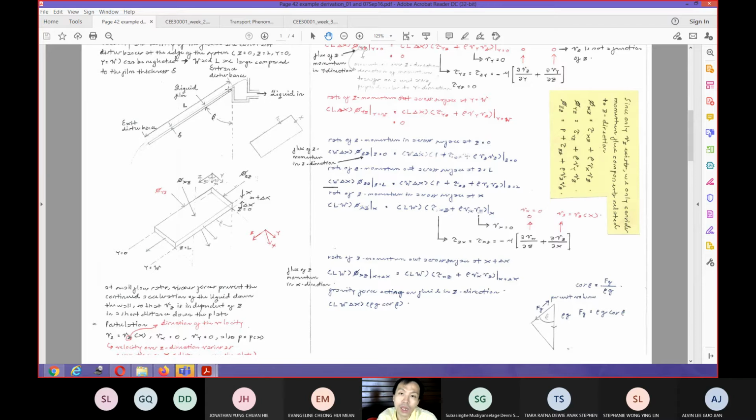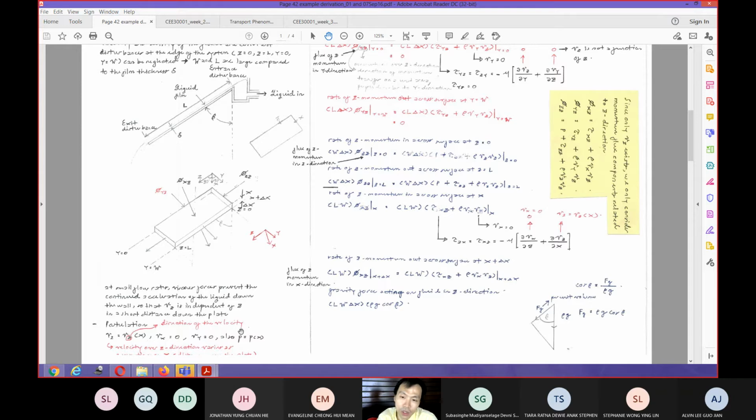At this particular point, we only know that the flow is going down in this direction, meaning we have a velocity in the z direction. The velocity in the x direction will be 0 because the liquid does not flow to the side, and the liquid also does not flow in the y direction. So we can simply say that v in the x direction is 0, and v in the y direction is 0.